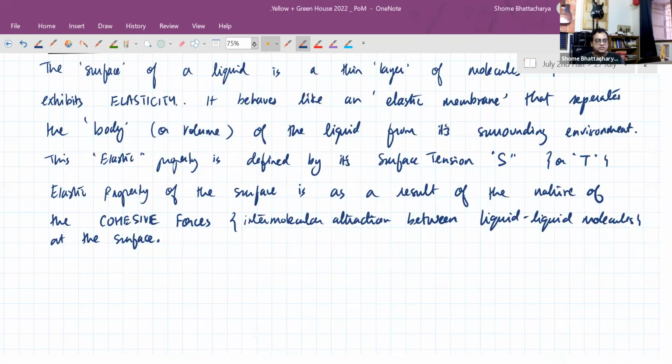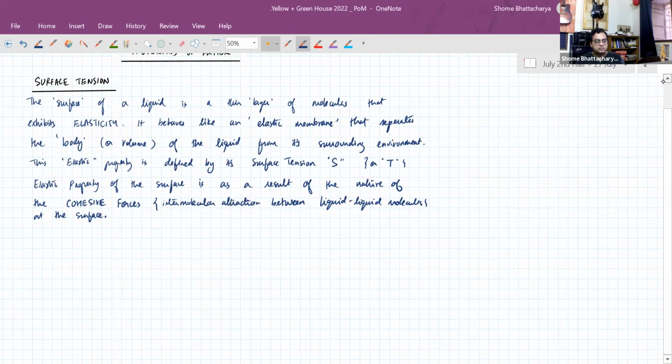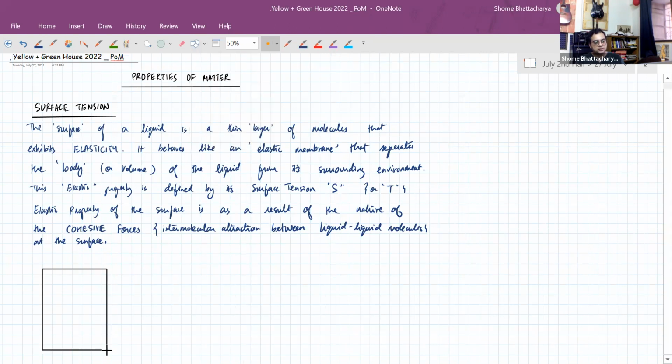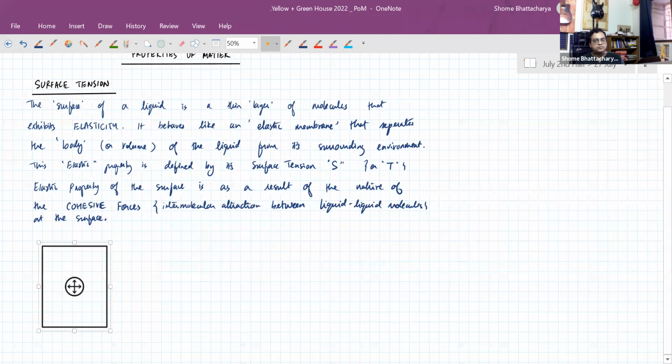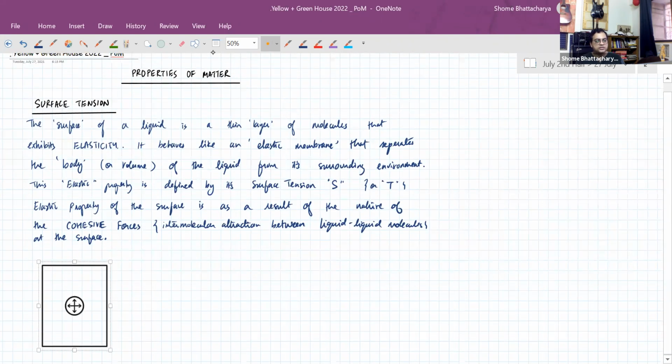So we can visualize this type of cohesive forces that molecules at the surface experience, and how they are different from how the cohesive forces act on molecules which are within the volume of the liquid.